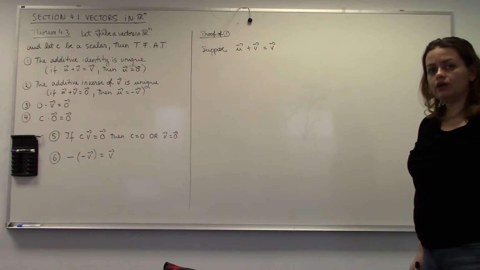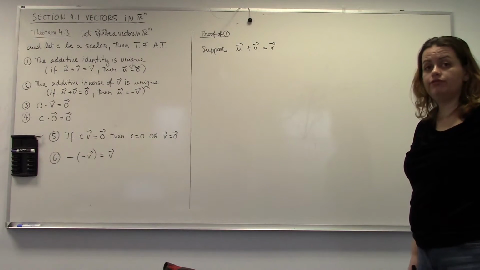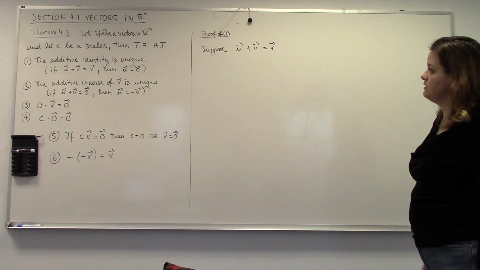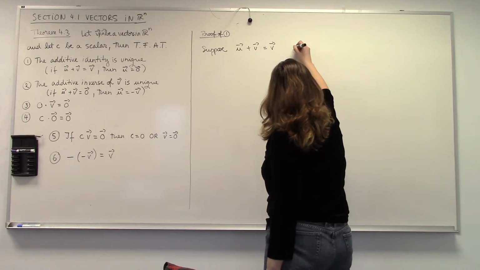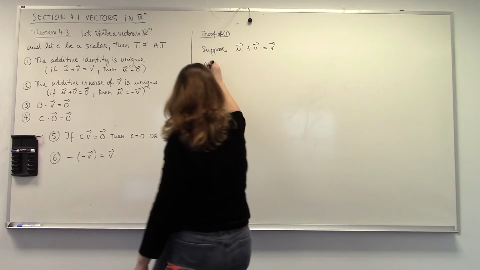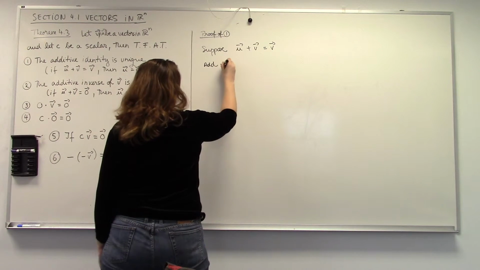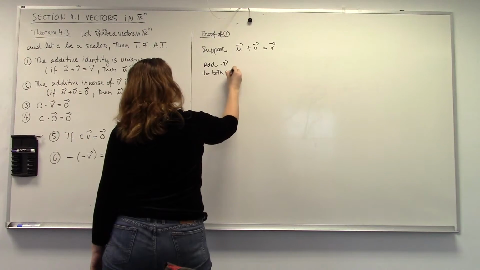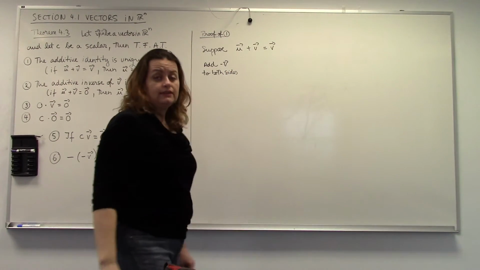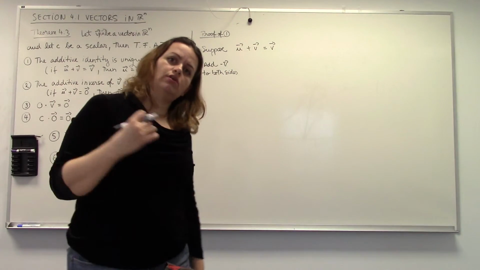Okay, so we are to assume the existence of inverses for each one of these vectors. So I'm going to add negative v to both sides, negative v being the additive inverse of v.